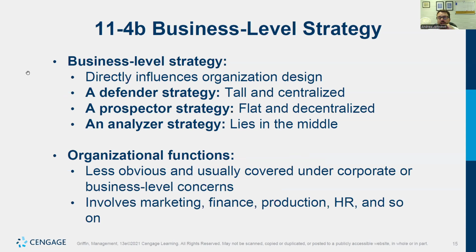Within each of those business units, we will also want to consider the business level strategy. Are we pursuing a defender strategy? Perhaps that is more suited to a tall organization with very centralized authority. If we're prospecting, we're trying to be innovative, maybe we need a much more flat, decentralized structure so we can make quick decisions and quickly act on ideas that are working. And if we have an analyzer strategy, well, maybe we need some kind of hybrid between the two.